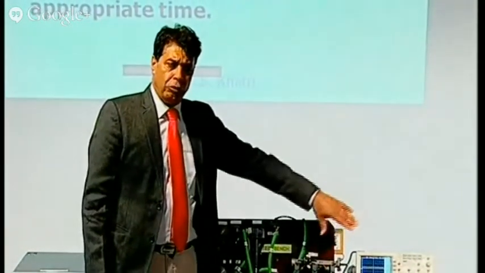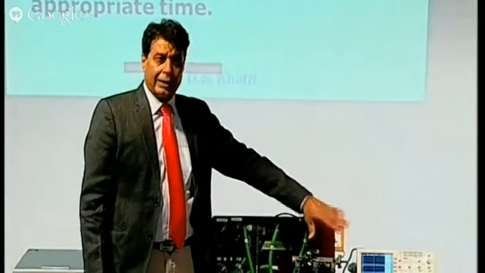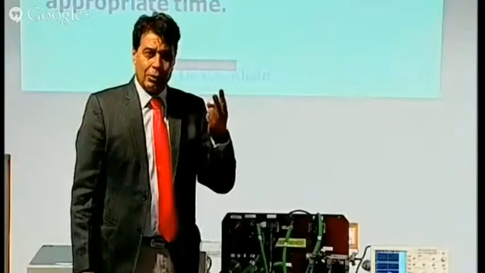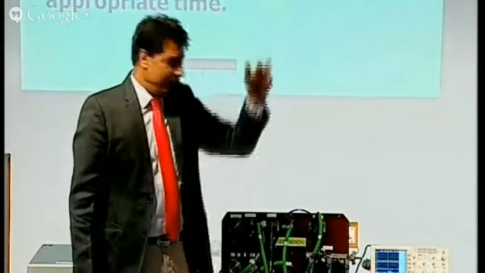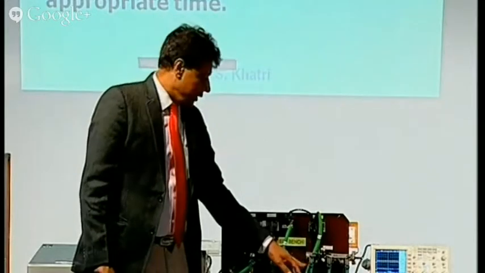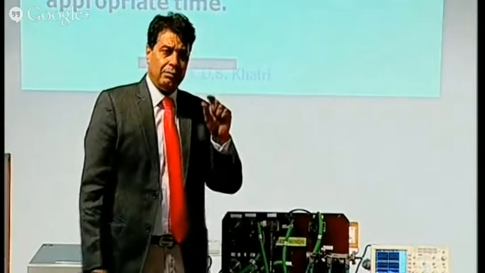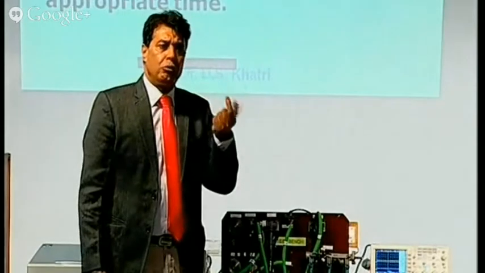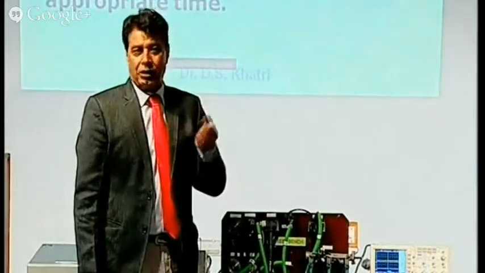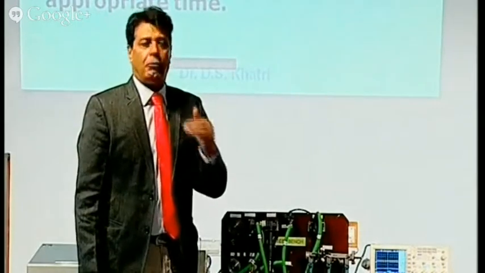Now this is the fuel side. I told you there are 2 sides. One is the mixture preparation, which was done by the carburetor. Now it is done by the electronic injection system. The duration of this injection may vary from 2 milliseconds to 18 milliseconds, depending upon the load and speed of the engine.